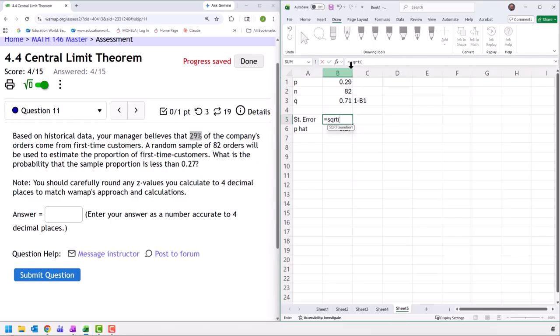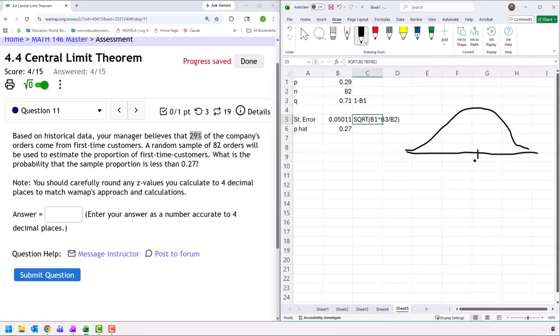And again, it's the square root of P times Q divided by N. Now, we've got a 0.29 right here, and this can be a little bit tricky because we're kind of adding proportions along the x-axis and in here. Anyway, so we have a 0.27 and our standard error is 0.0051.